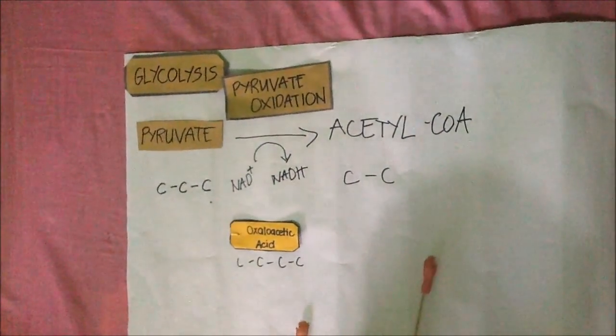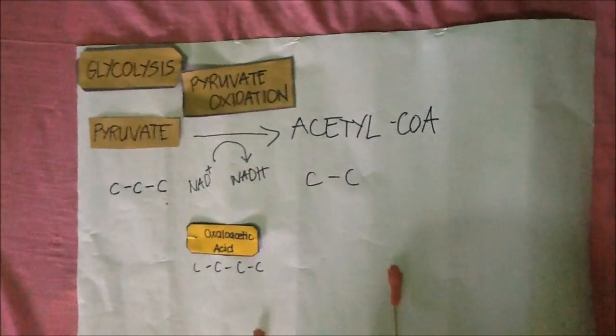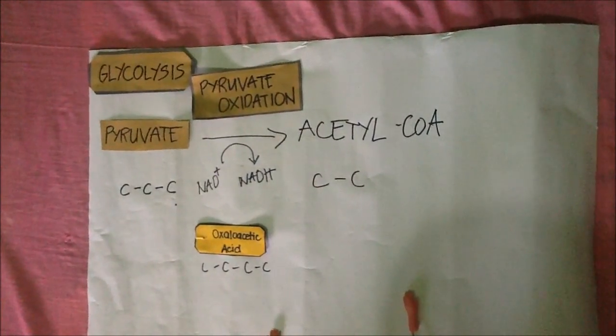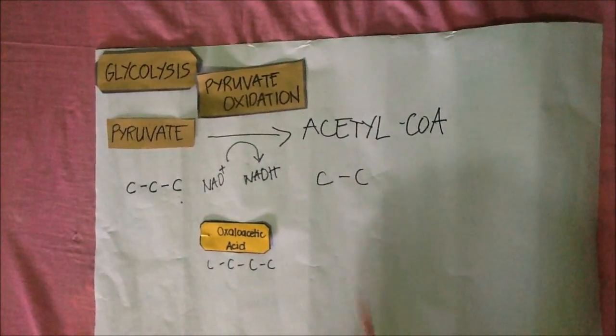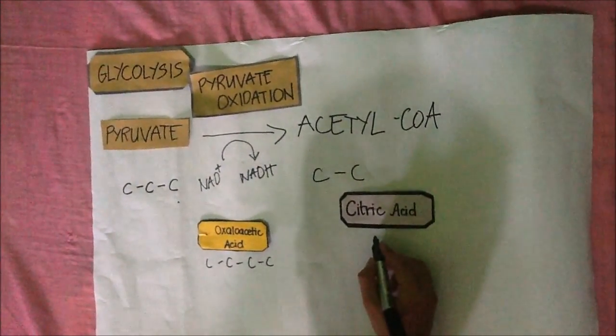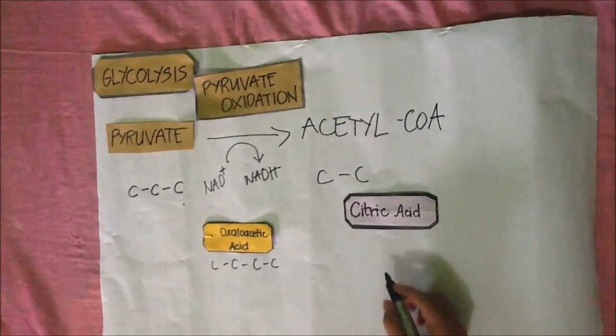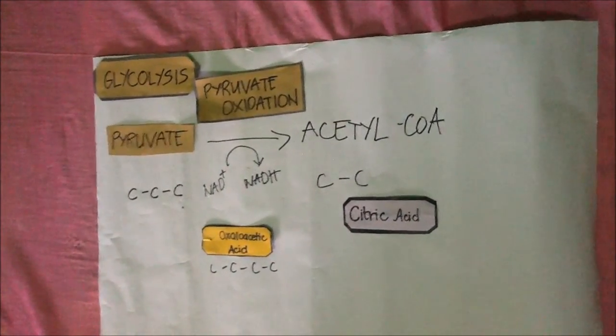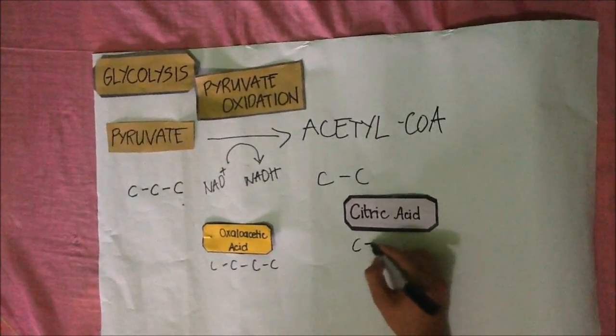Remember that the Krebs cycle is catalyzed by enzymes. Combining these two will form citric acid, which is the same acid found in your lemonade and orange juice. Citric acid has 6 carbon molecules.